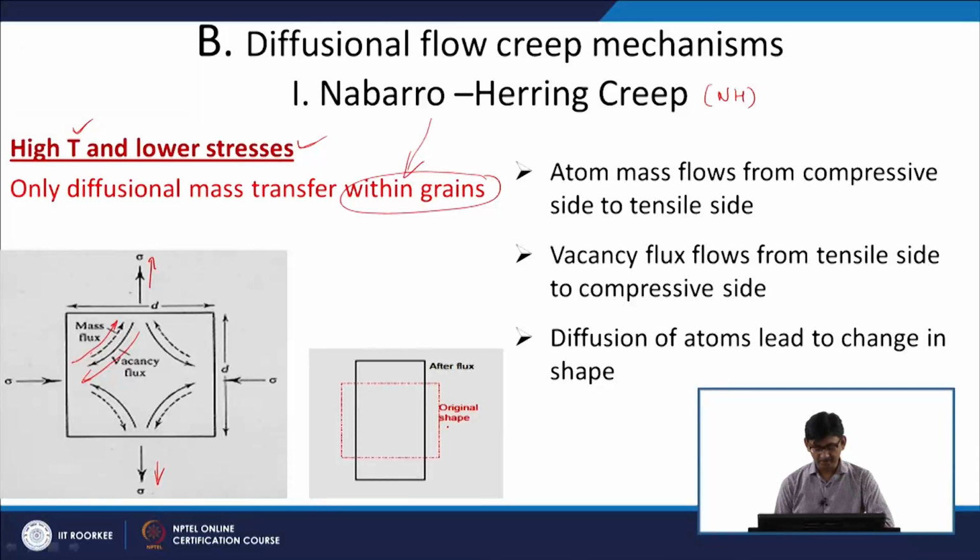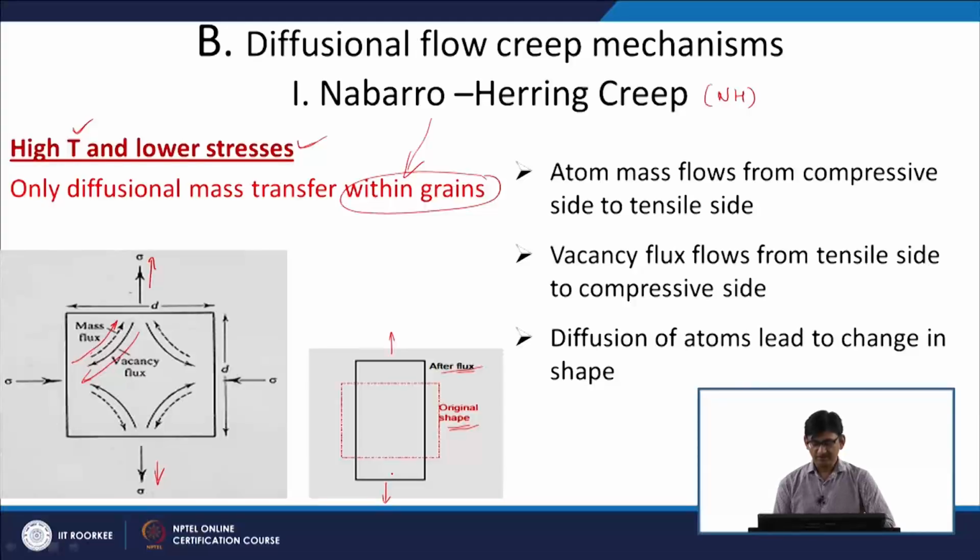Overall, you will see that the material is getting stretched in the tensile direction because atoms are coming from the compressive side and getting deposited in the tensile side. So, your elongation is there. The original shape is shown here in red color, and after deformation it will be elongated in the tensile direction, and the cross-sectional area is reducing in the compressive side.